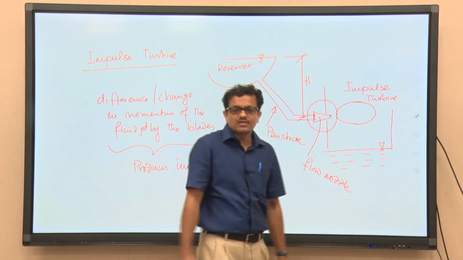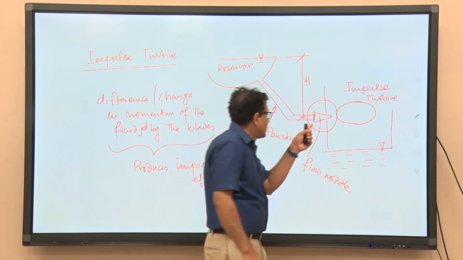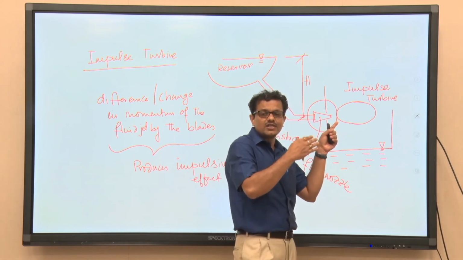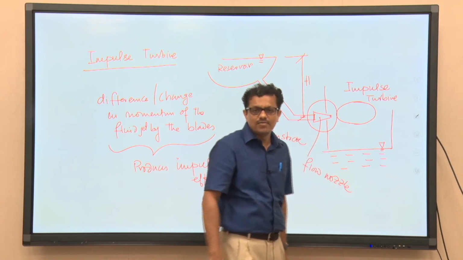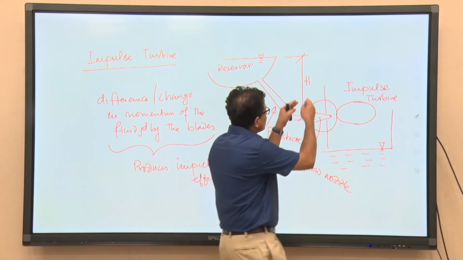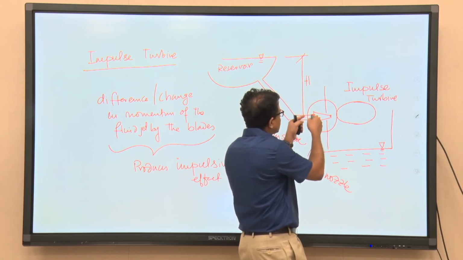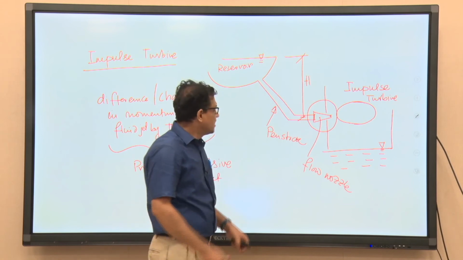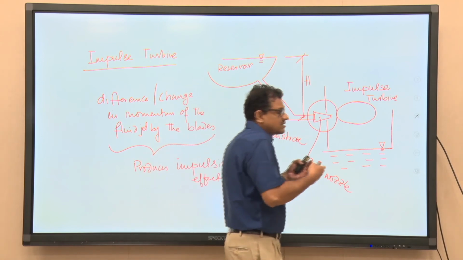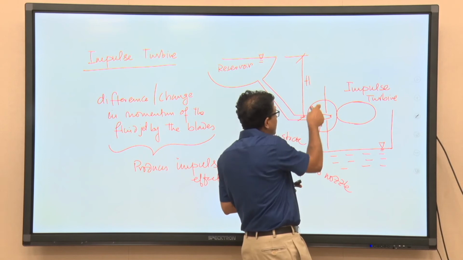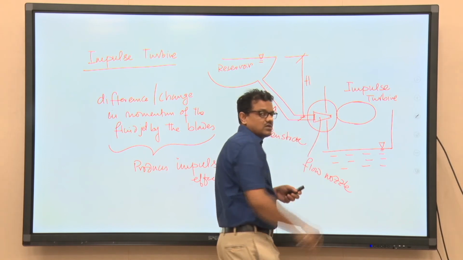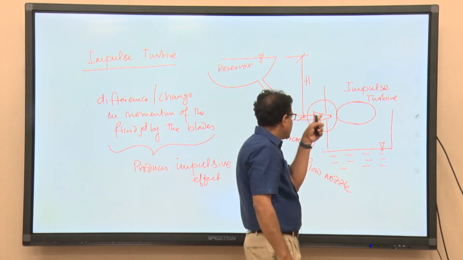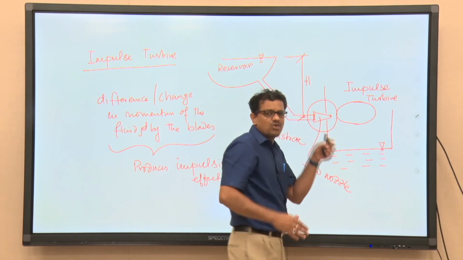But if we can somehow design the nozzle in such a way that when fluid comes out in the form of a jet at the exit of the nozzle we have minimum loss, then the energy available at the inlet to the nozzle and at the exit of the nozzle is almost the same.